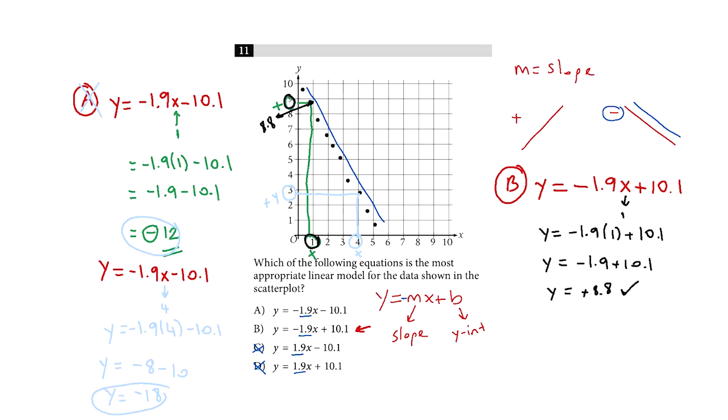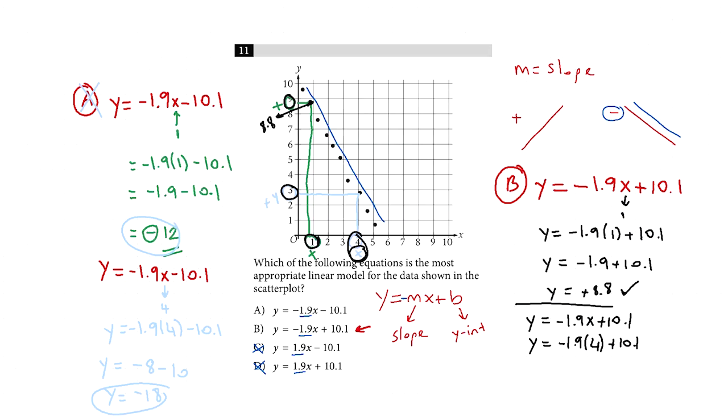For that one, x is 4, y is positive 3. All right, let's check one more time. Y is equal to negative 1.9x plus 10.1. I replace x with 4. It's going to be y is equal to negative 1.9 times 4 plus 10.1.